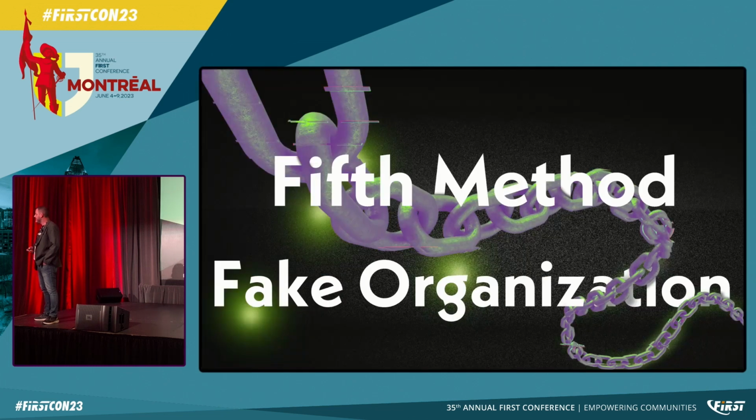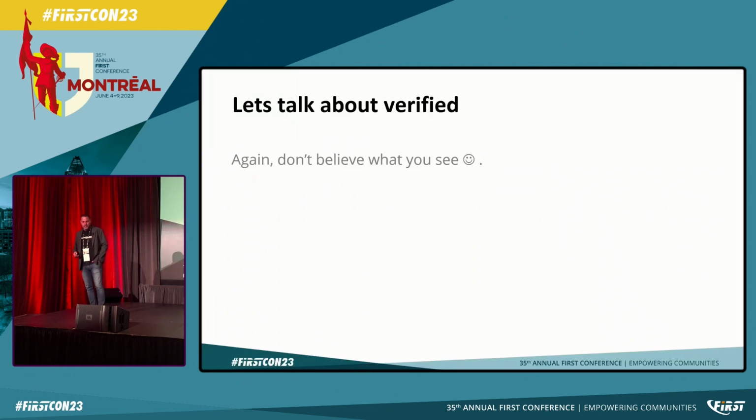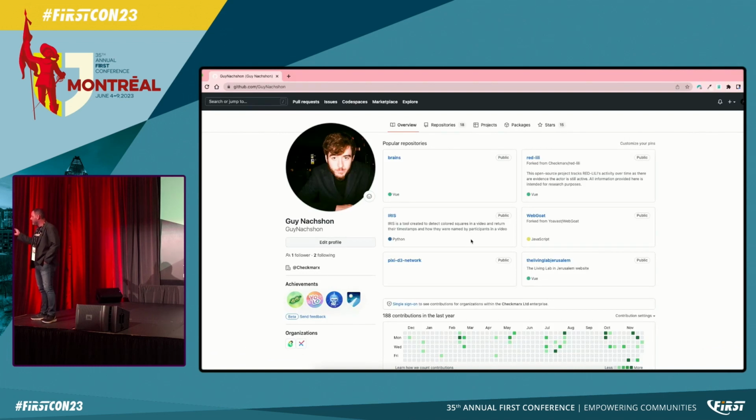That's it. So the other one is fake organization, and I have to finish right now. Basically, when you go into the organization and you see the name of the organization, you can write whatever you want. So if you see it's working from Google, nobody's checking, it's free text. The really sad part is that some of the organizations actually verify their organization.